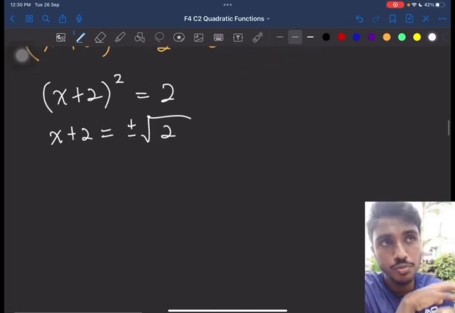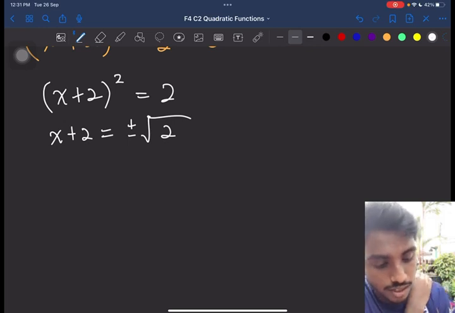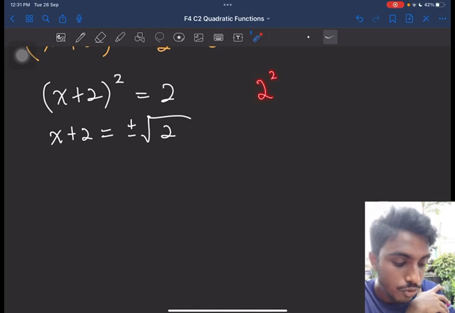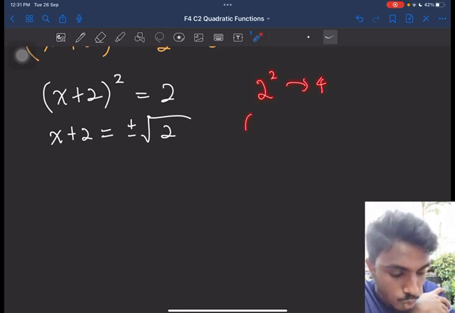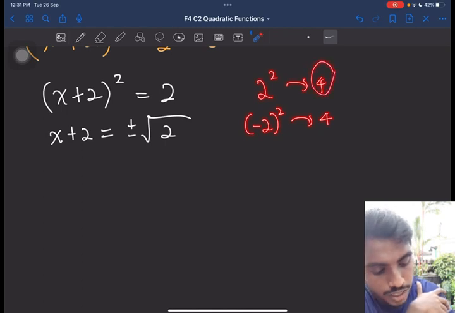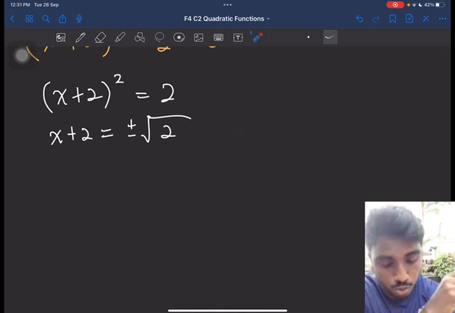Why is it important to put plus minus? Because 2 square can give you 4 and -2 square also can give you 4. So to get your 4, it can be either positive or negative. That is why we put positive and negative when we are removing the square.